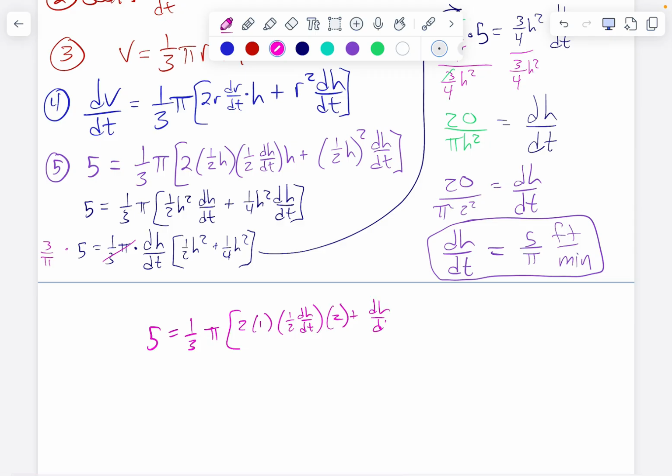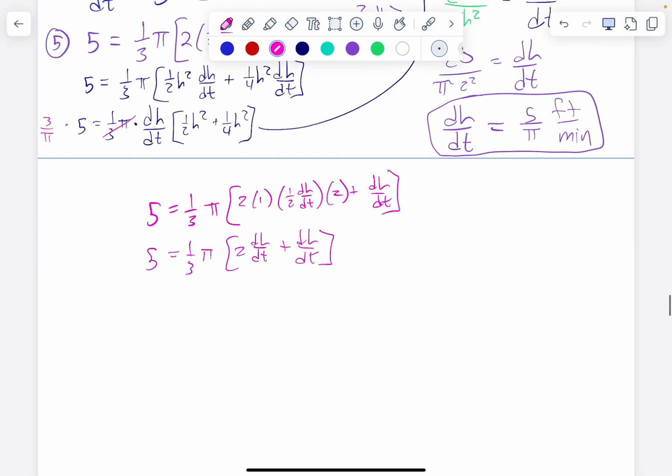So plus dH dt. All right, let's simplify this whole mess. 2 times 1/2 times 2 is just 2. That's going to look weird when I pull that out, but oh well. Okay, this 2 plus 1 will cancel that 3. Yeah, it works.